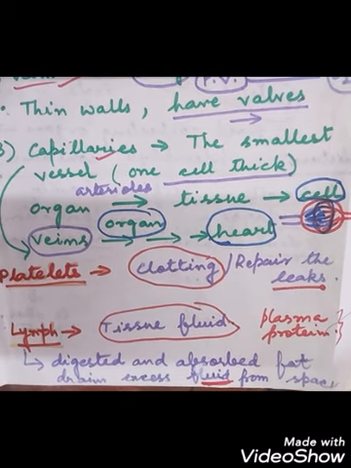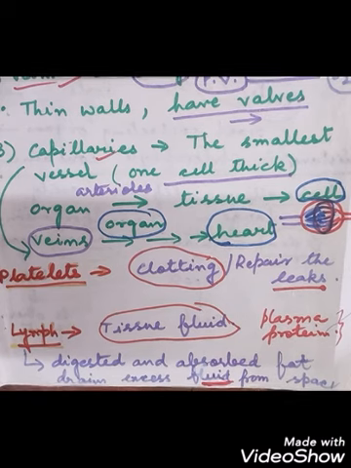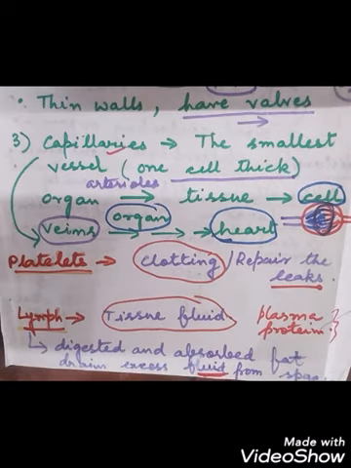The walls of the capillaries have lots of pores. Through these pores some amount of plasma, proteins, and blood cells escape into the intercellular spaces, and it forms the tissue fluid or the lymph. So how is the lymph formed?